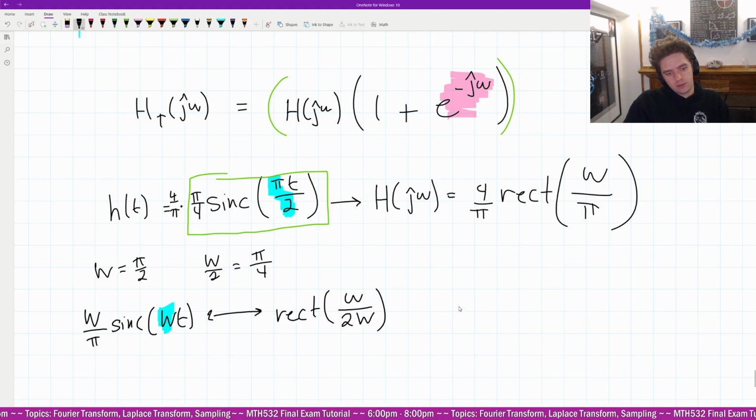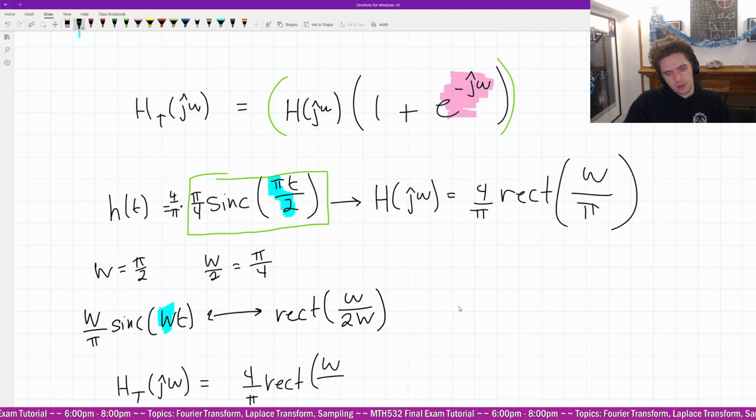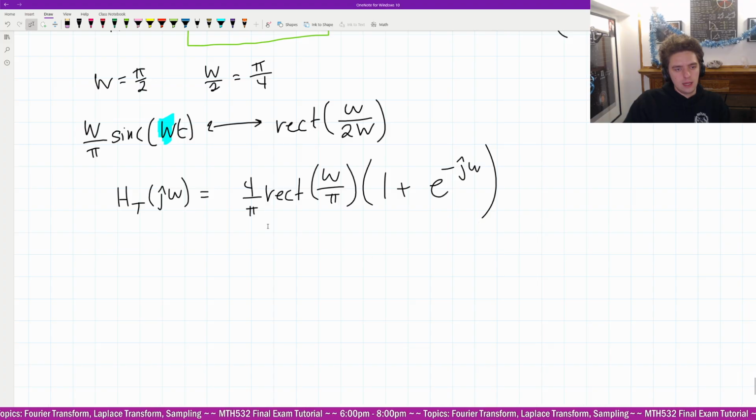So finally, H total of j omega is 4 over pi rect of omega over pi, times 1 plus e to the negative j omega. So that is our transfer function.